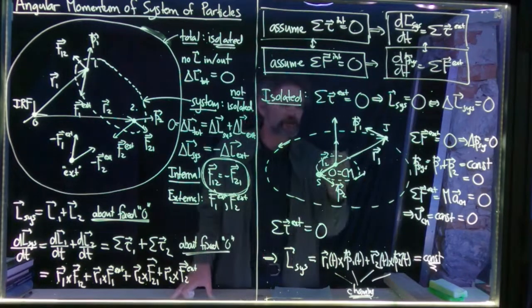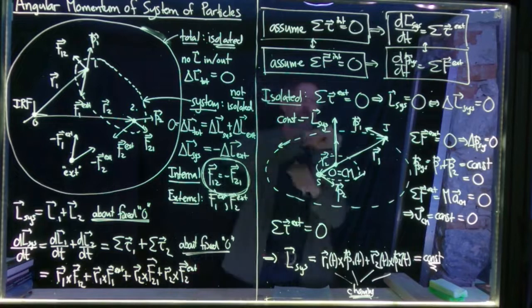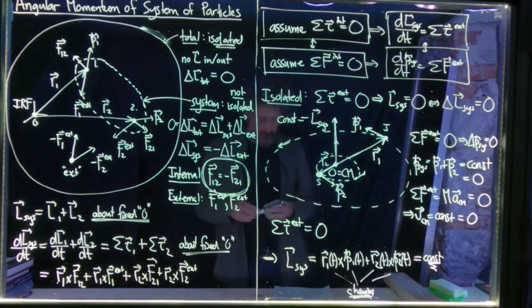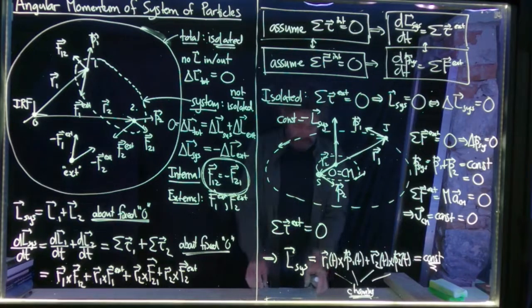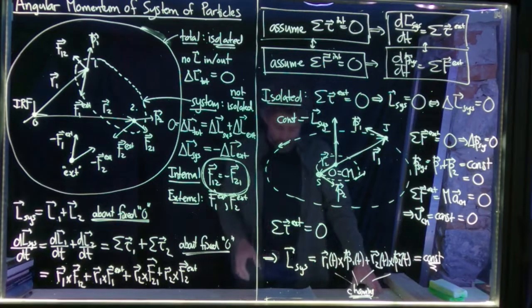And so this total is equal to the system angular momentum, and that system angular momentum always remains constant. As these guys orbit around each other like this, they will always have the same constant system angular momentum. So angular momentum is a strictly conserved quantity.